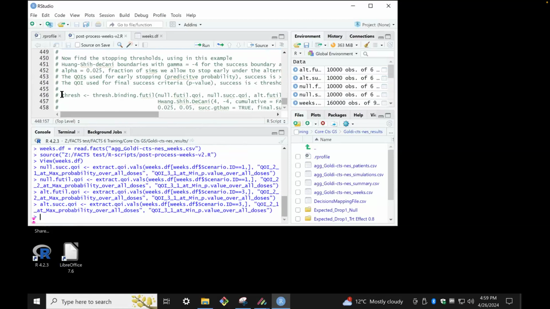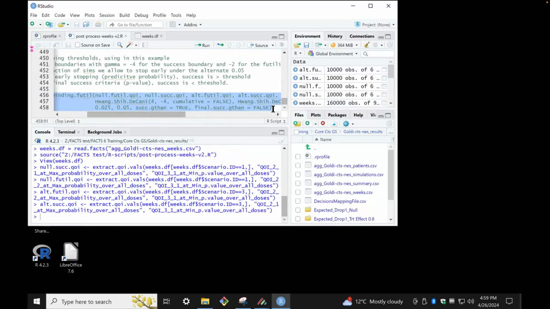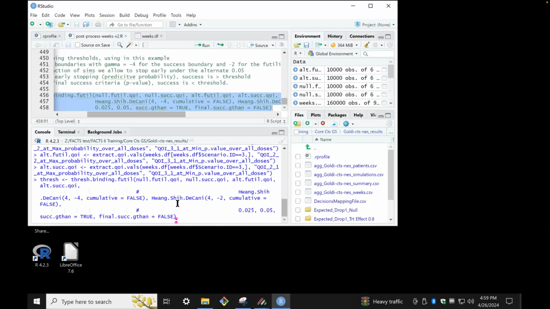And then I call my function, and I need to take some hashes out of here.